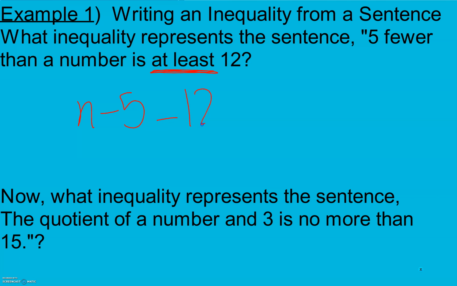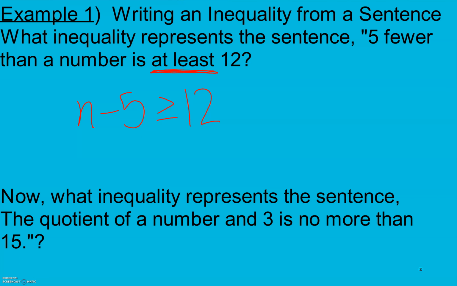Yeah. Could it be more than or less than? If you're not sure, check a number. Could it be 20? Is 20 at least 12? Yeah. Could it be 5? 5 is not at least 12, so it's got to be greater than or equal to 12. In order for it to be at least 12, that means 12 is the smallest it could be, and the number that we want has to be greater than or equal to.